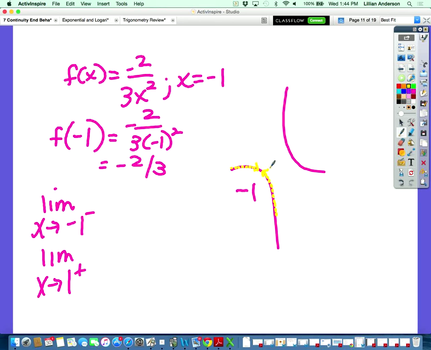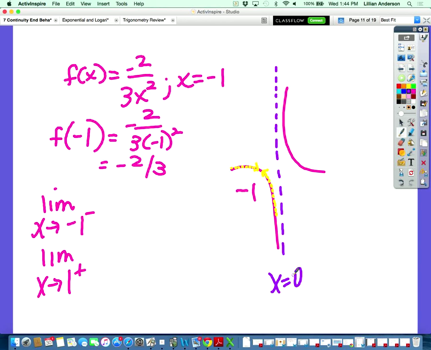Okay? Now I drew it that way for a reason. There is an asymptote here. Where is it located? 0. At 0. Because 0 is the only thing I can plug in for x that's going to make it undefined. Okay? So that asymptote occurs when x is 0. But when x is -1, it's still defined, isn't it?